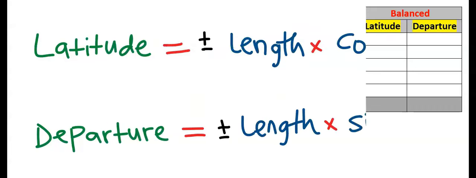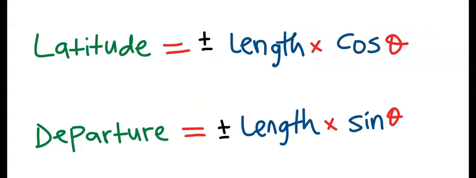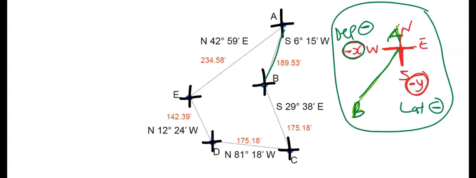Many students do not have a problem with this formula. The problem is when it is going to be a plus and when it is going to be a minus. For each of the stations, there is a north, east, west, and south.